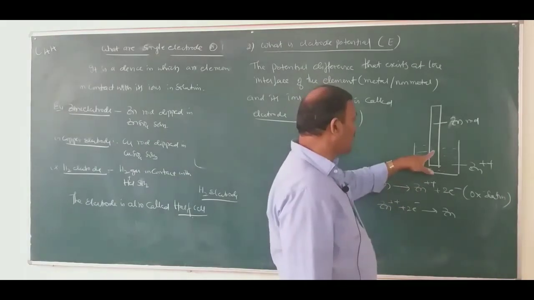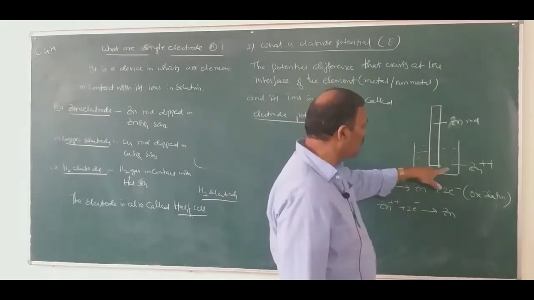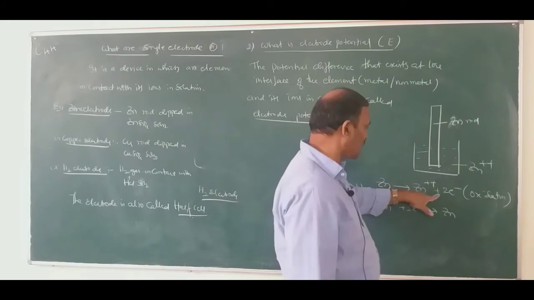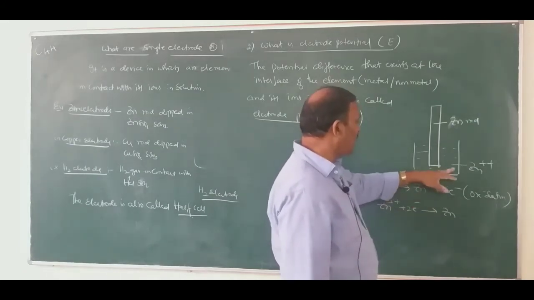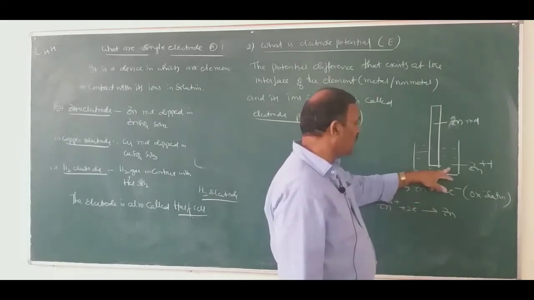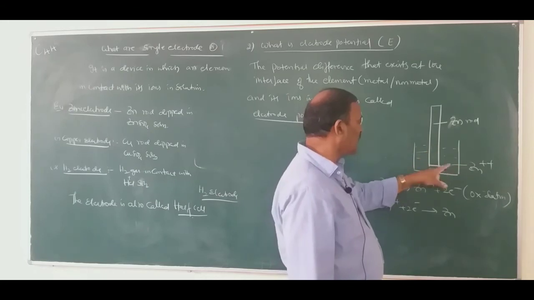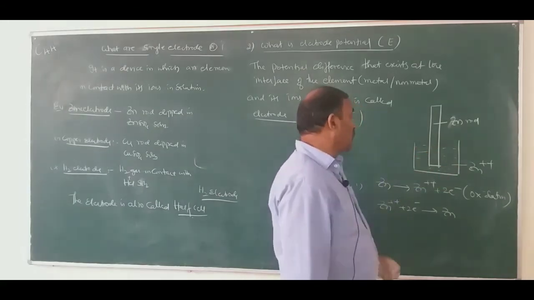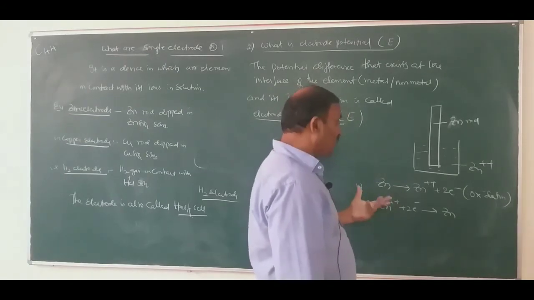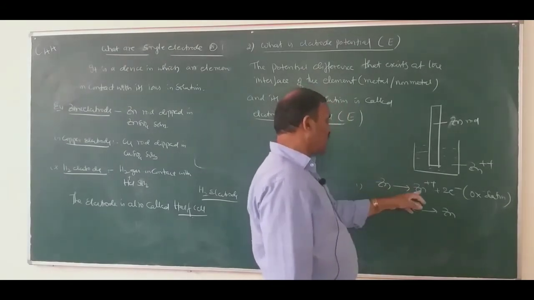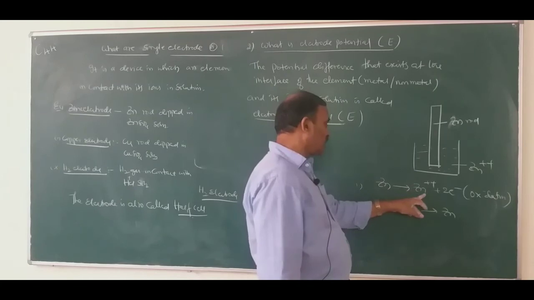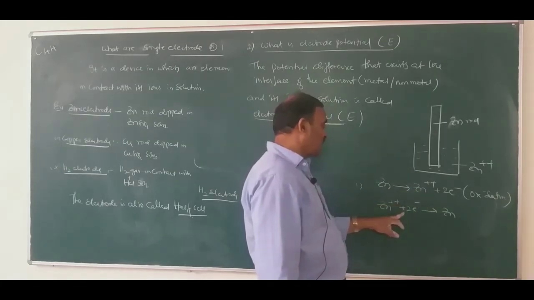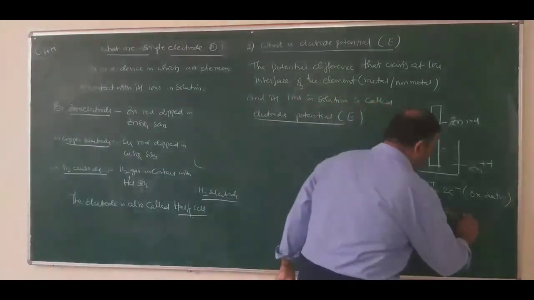The tendency of metal atoms to go into solution by losing electrons, and the metal ions present in the solution have a tendency to accept the electrons and convert into metal atoms. If this reaction takes place, it is called oxidation. If this reaction takes place, it is called reduction.